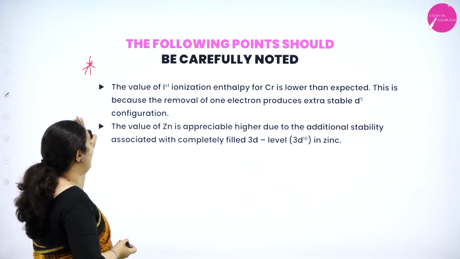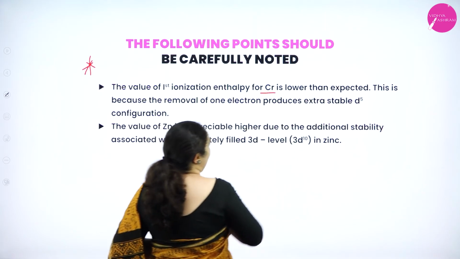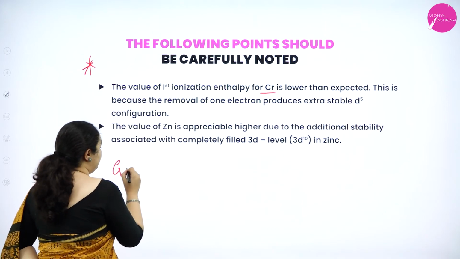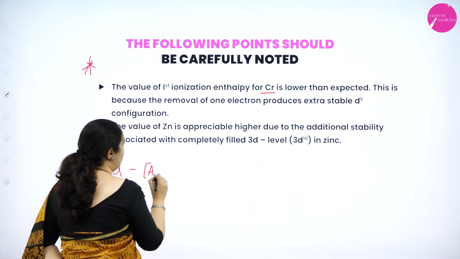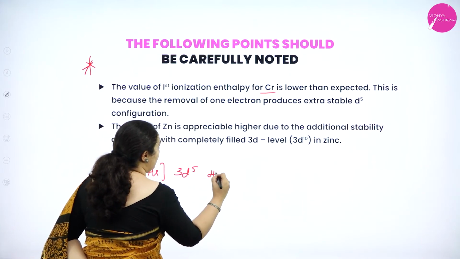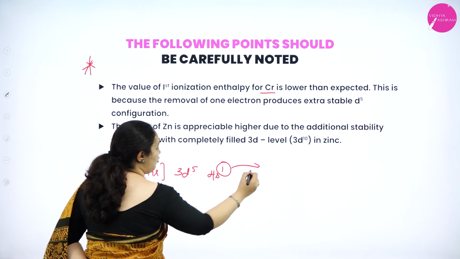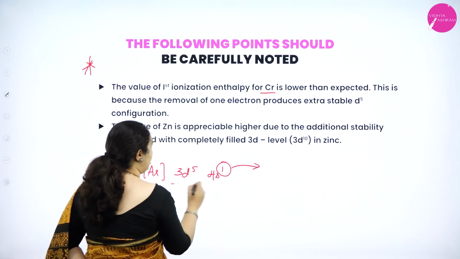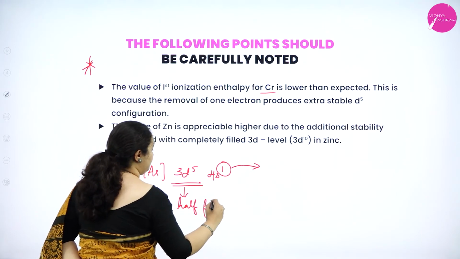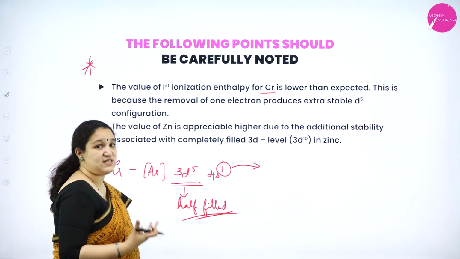So, the value of first ionization enthalpy of chromium is lower than expected. Why? Chromium has the electronic configuration of 3d5 4s1. So, the first ionization enthalpy is low because if it loses this electron, it gets a half-filled orbital, and the half-filled valence orbital gets extra stability.